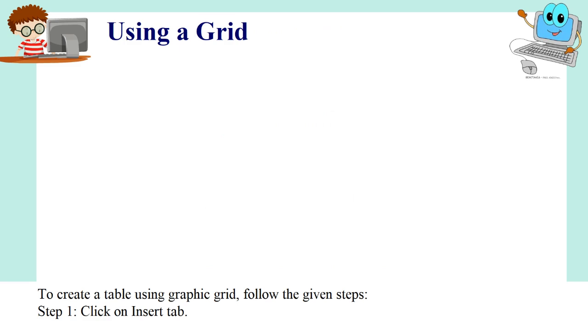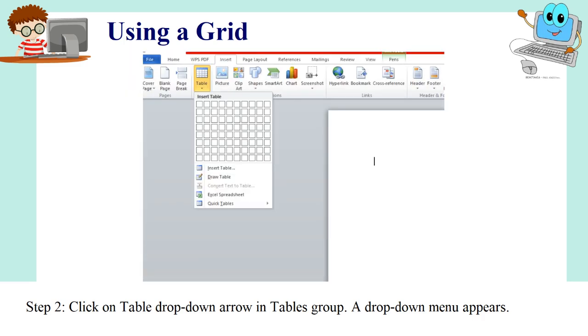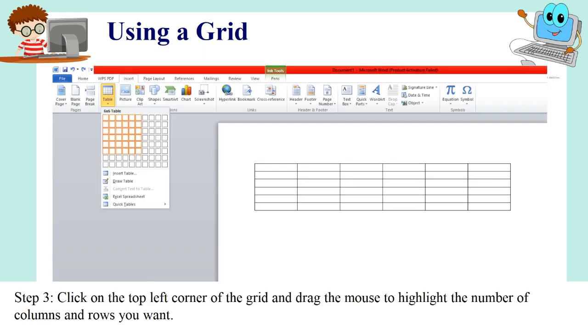Using a grid to create a table. Using the graphic grid, follow the given steps. Step 1. Click on Insert tab. Step 2. Click on Table drop-down arrow in Tables group. A drop-down menu appears. Step 3. Click on the top left corner of the grid and drag the mouse to highlight the number of columns and rows you want.